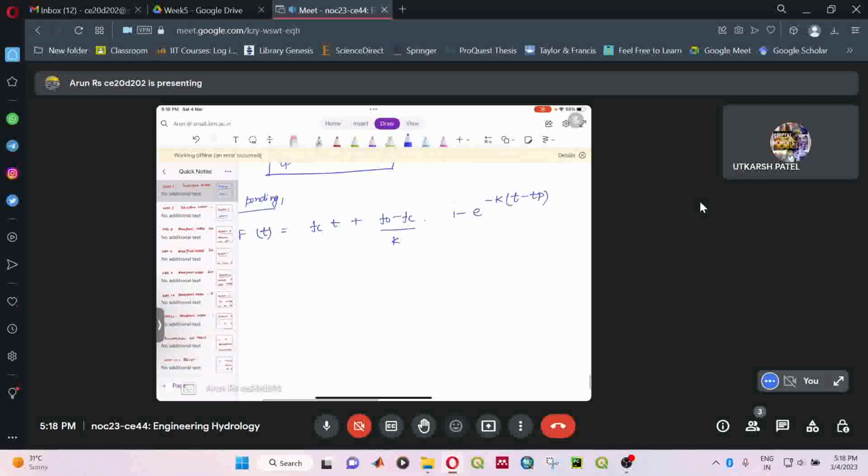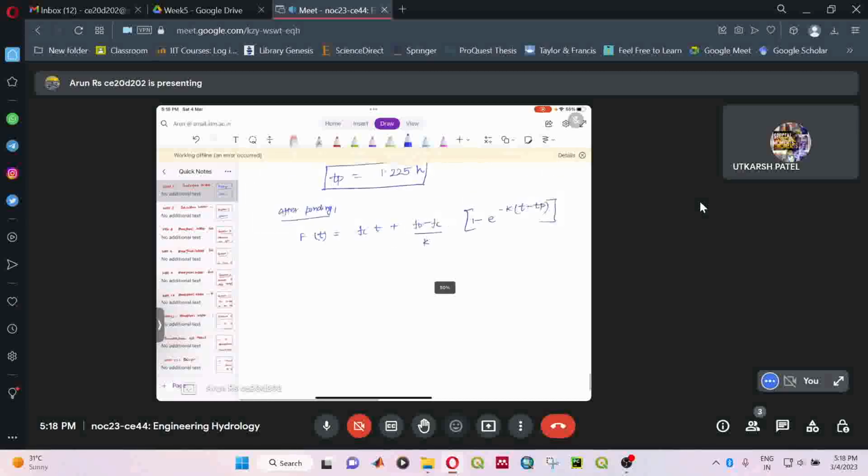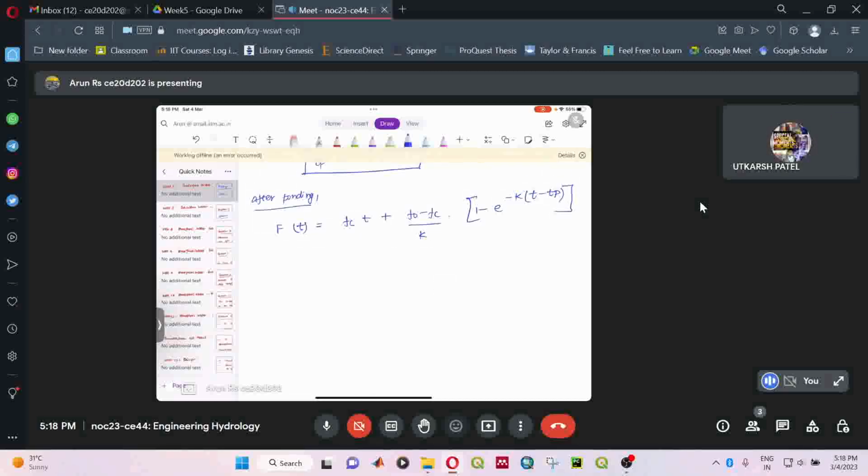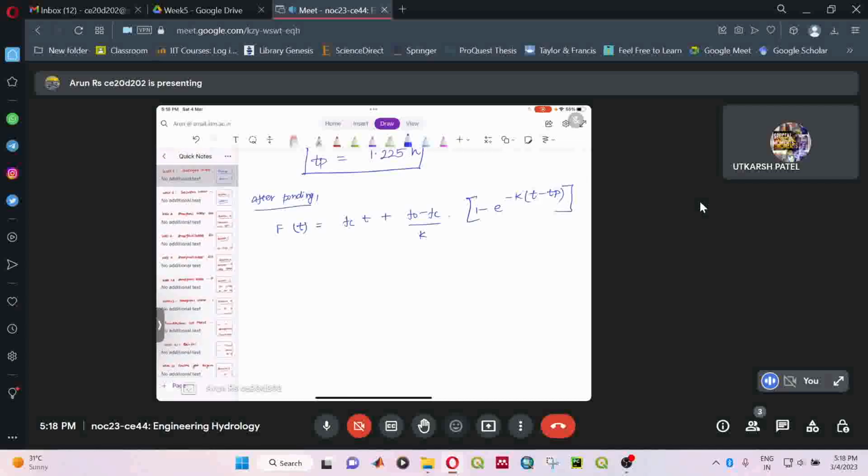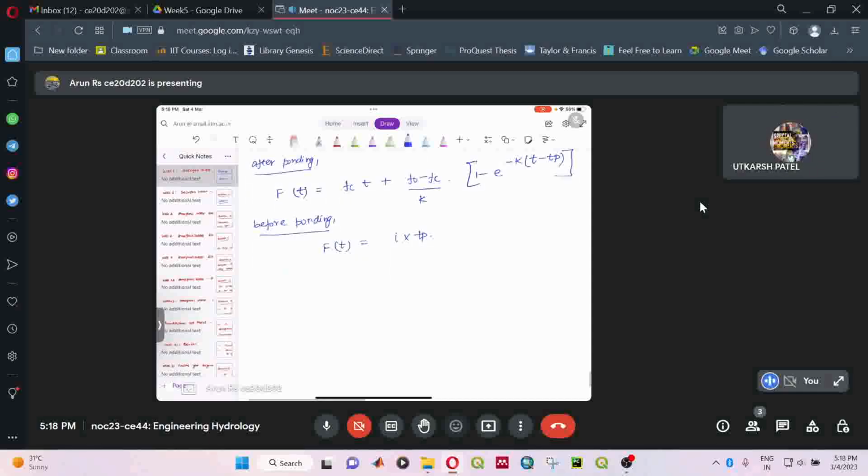That's it. One small change. So after ponding, you can estimate the capital F like this. Before ponding, your F of t will be equal to I into T. This is how we need to estimate.